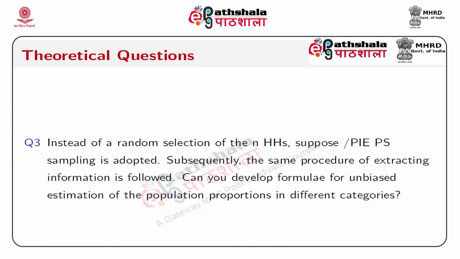All those who are available, ask whether 1 night, 2 nights, that way we are doing, and you have the data. Can you develop formulae for unbiased estimation of the population proportions in different categories? That means P1, P2, P6, P0. What is the formula now, given that the households have been selected using the pi-PS method? It is a good challenging problem, not difficult given the understanding that we have from all these chapters.